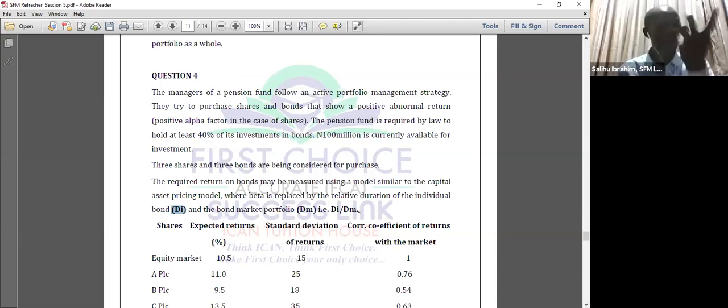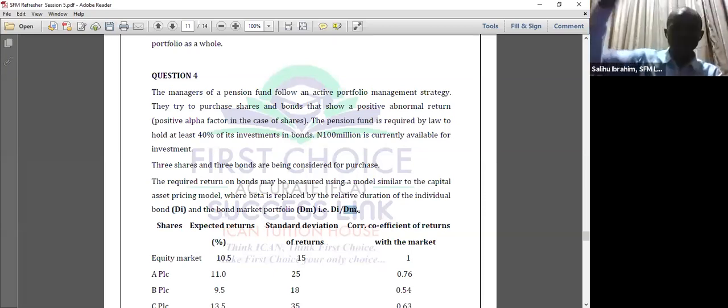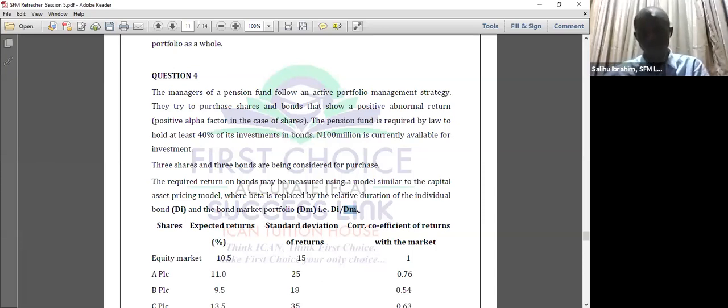Don't forget, I said to measure beta for an investment is the standard deviation of the investment over the standard deviation of the market multiplied by the correlation coefficient if it is given. Isn't it? So when we are dealing with a bond, it is measured using the duration of the bond over the duration of the bond market. That is what the paragraph is explaining to you.